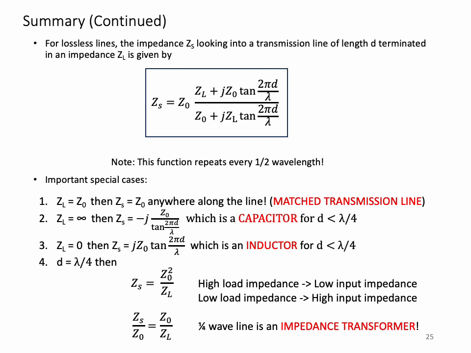Similarly, if the line is shorted and the length is less than a quarter wavelength, the line acts as an inductor. And those two concepts become very useful for microwave and microstrip designs where you have a very difficult time building a physical capacitor or inductor.